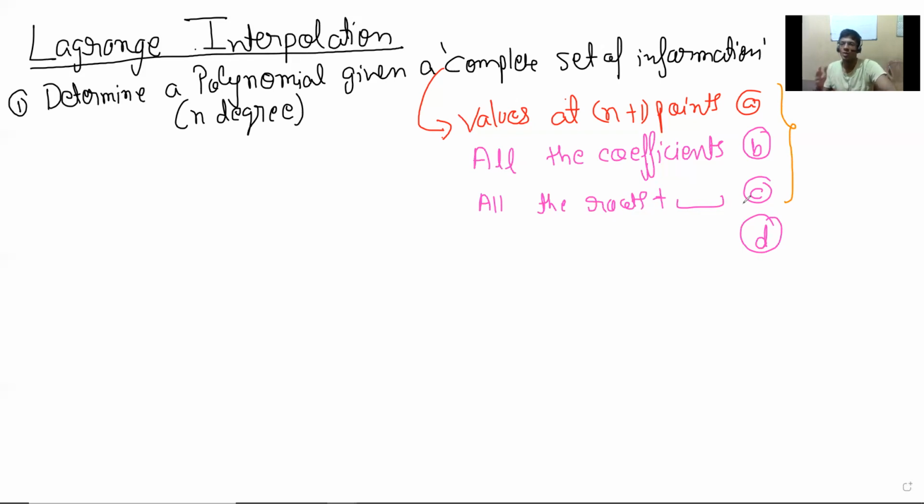Obviously you can say all the roots plus one and so on, but is there something different that could be given to you, that would also constitute a complete set of information, or let me say a determining set? What else could be a determining set?